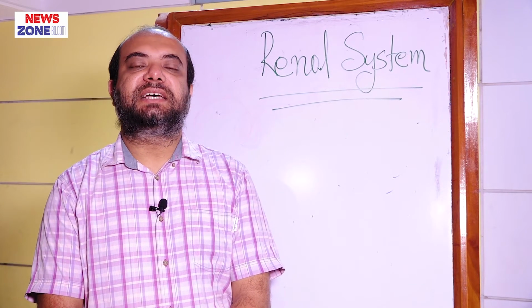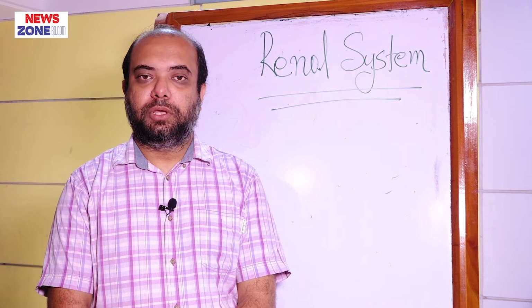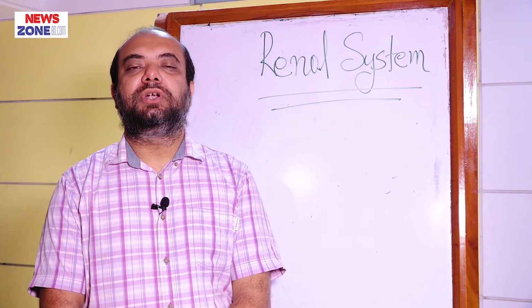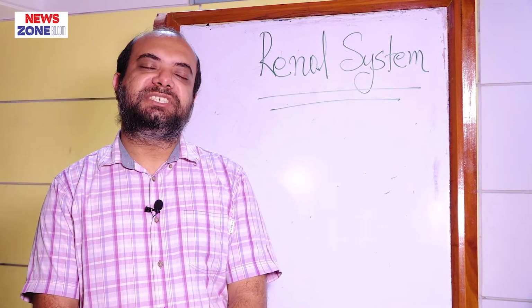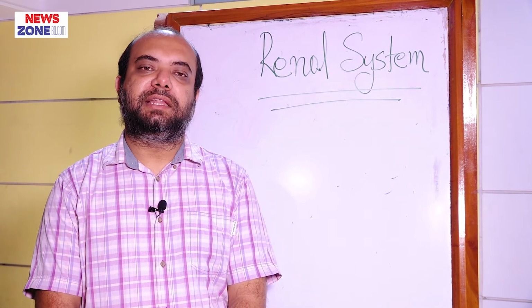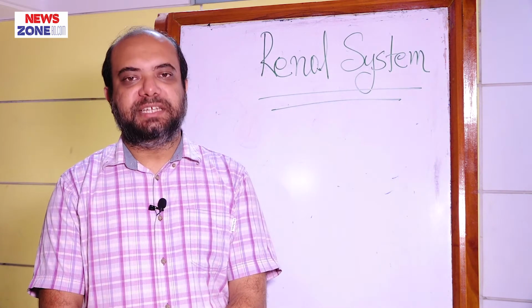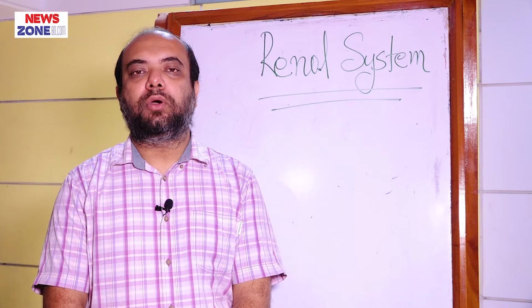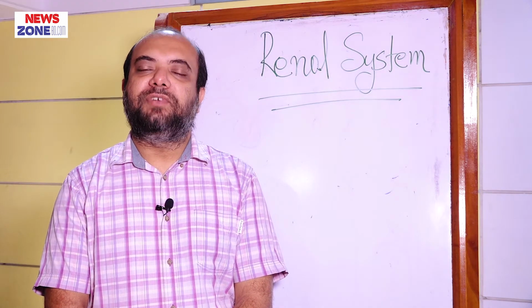These JG cells are situated in the tunica media of the afferent glomerular arteriole, and these cells contain the renin enzyme, which is present in the pro-renin form, that is, the inactive form. When it is needed, this pro-renin or inactive form will be activated and form the active form of renin.